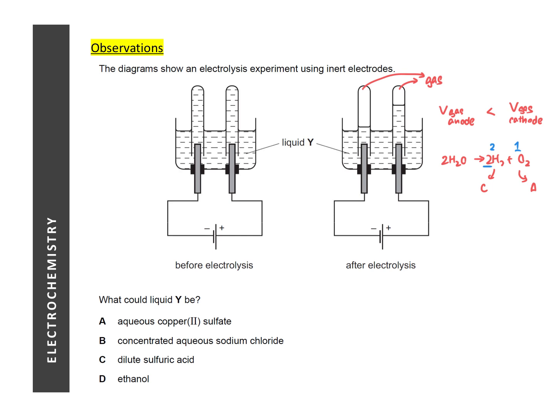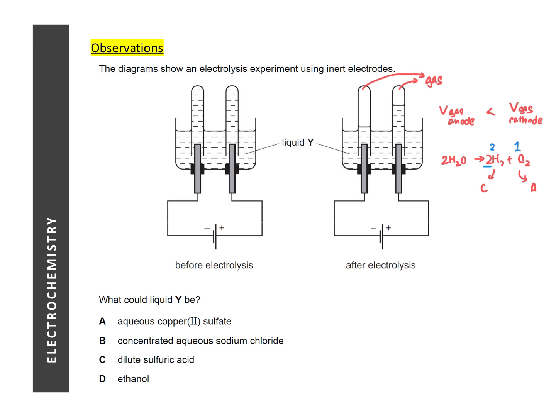So in this case, the question requires you to determine, just based on the observation that the volume of gas at the cathode is 2 times that of the anode, which electrolyte it could be, and that would require you to tap on your prior knowledge of the case studies that we have gone through in the syllabus.